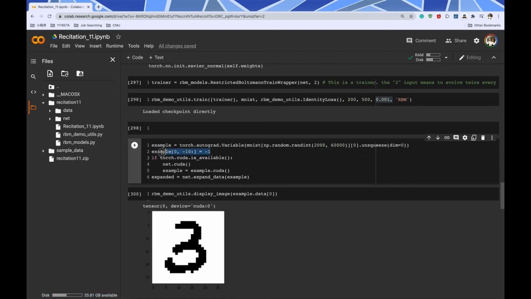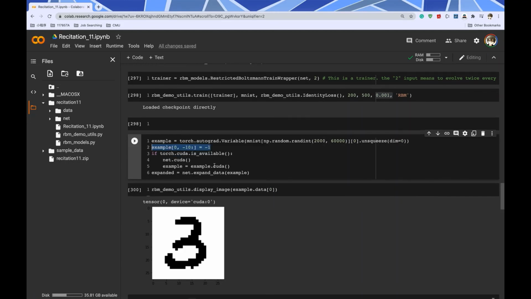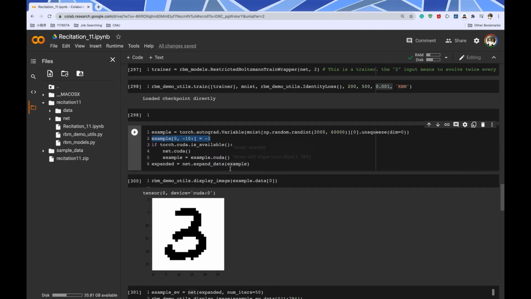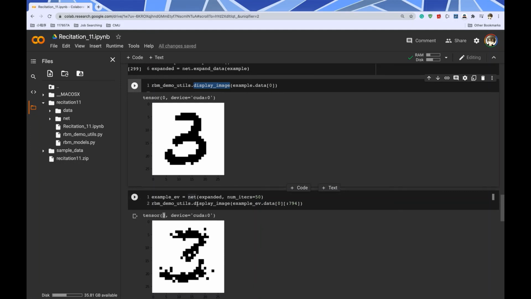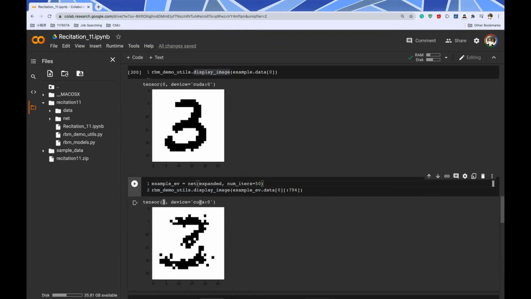And we do the same to the first image, and we want to predict, and we run the network for 50 iterations, and then plot the graph. As you can see, the 3 is restored, and it looks like 3 as well.